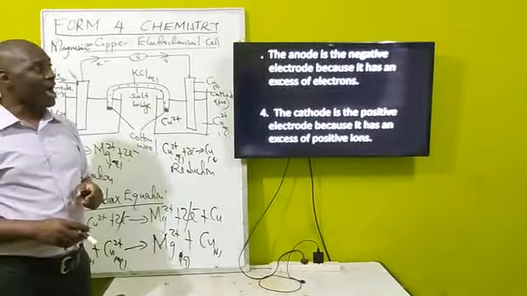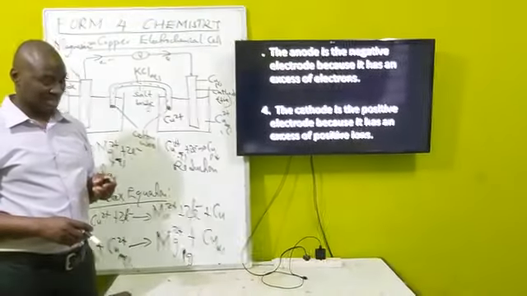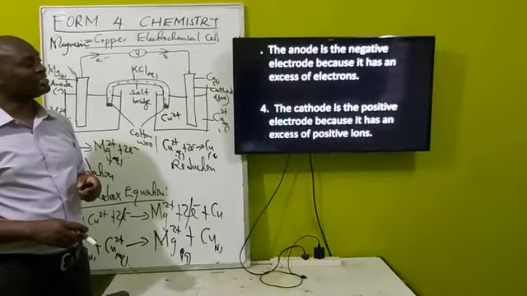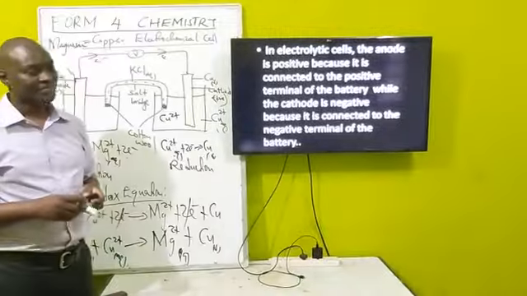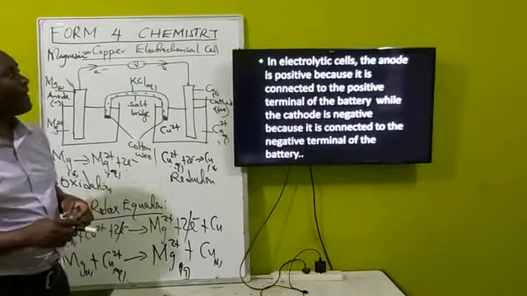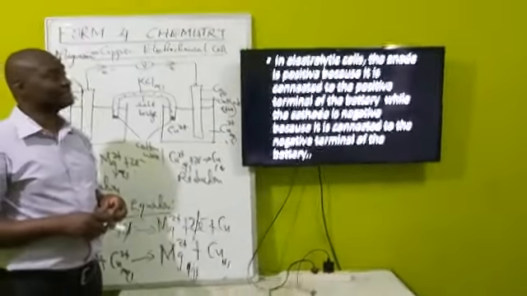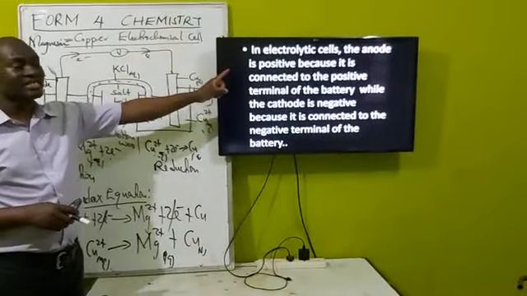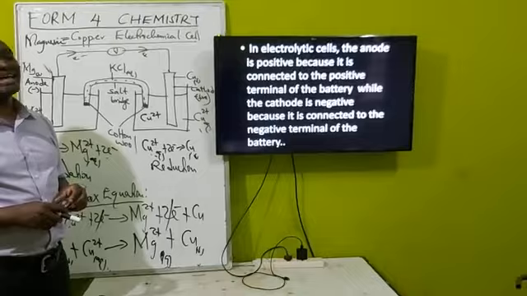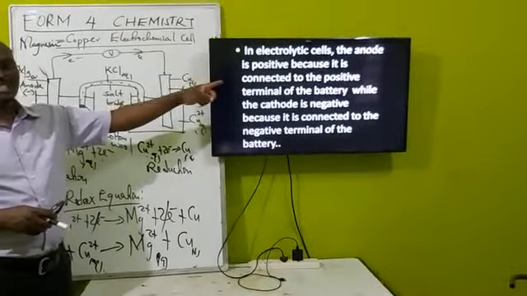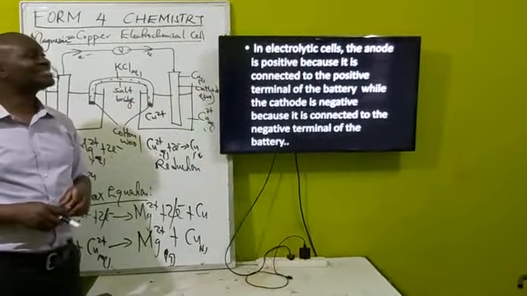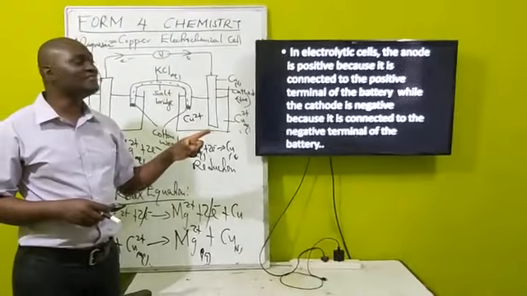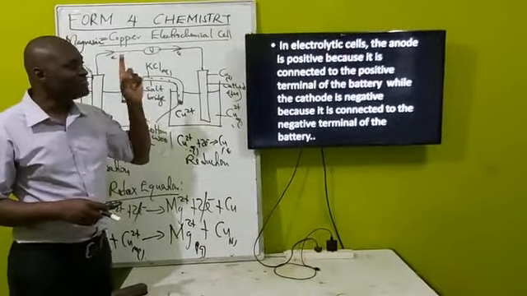Those are the reasons why those two electrodes have got those charges. Now, in electrolytic cells, this one I had mentioned, and it's a very important point. In electrolytic cells, the anode is positive because it is connected to the positive terminal of the battery.